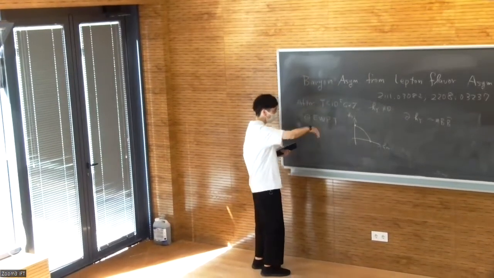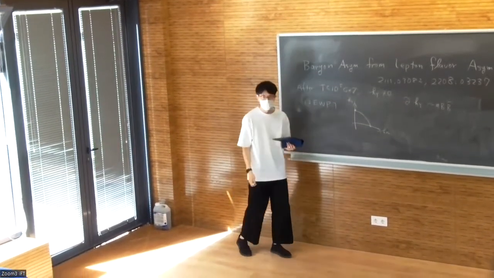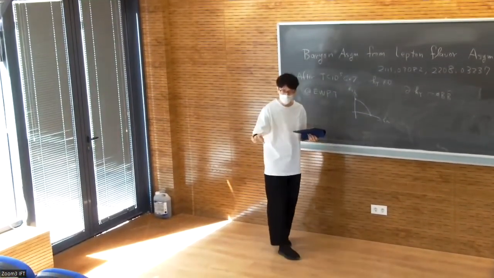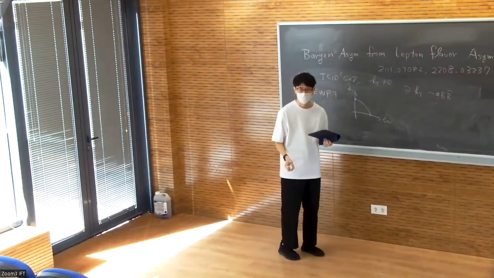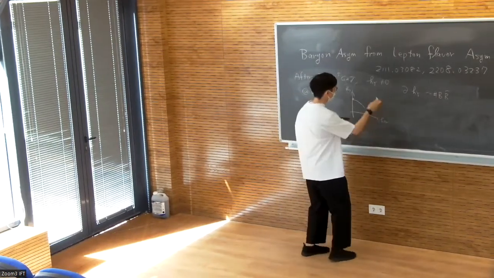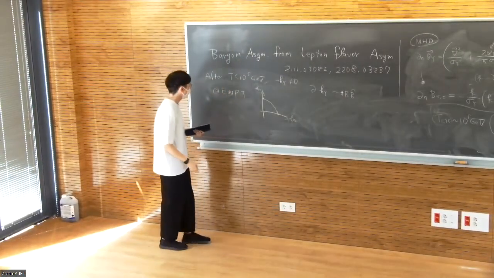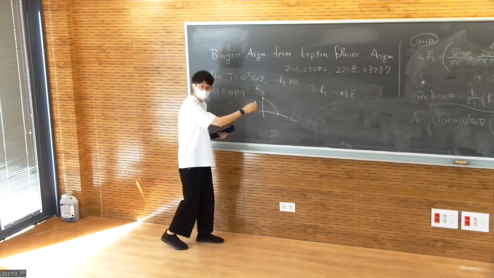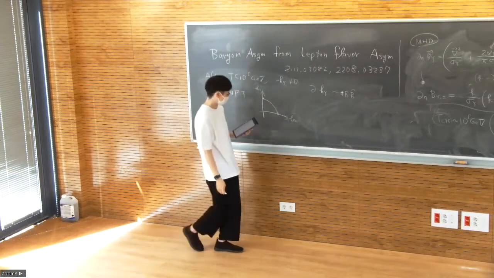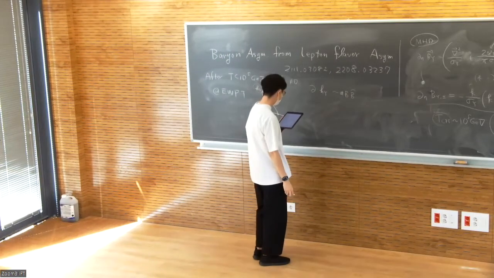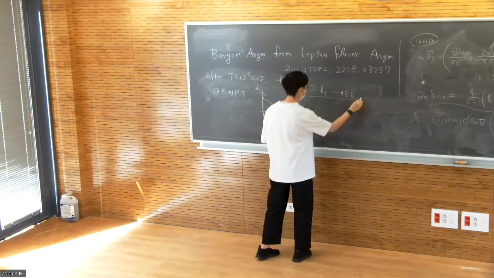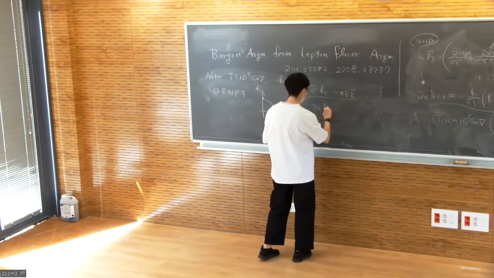But after the temperature drops below 10 to the 5 GeV, the right-handed electron asymmetry is washed out because the right-handed electron Yukawa becomes efficient. But still, the magnetic field is there, and it persists until the electroweak phase transition and decays. And this decay of the helicity sources the production of the baryon asymmetry in the end.